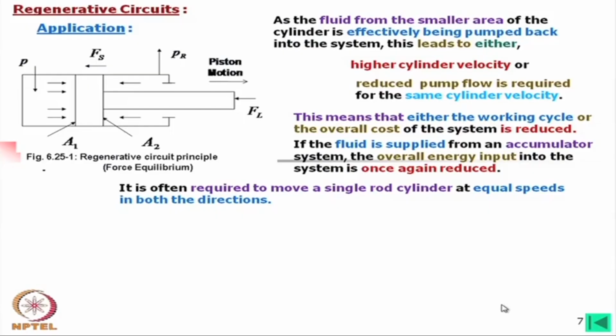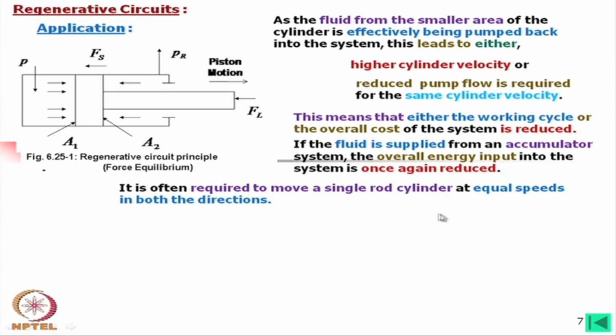It is often required to move a single rod cylinder at equal speeds in both directions. So, if you find that for half area, if you allow the oil the same flow rate, whatever the speed is in the return stroke, the same speed will be in the forward stroke if the oil is mixed.